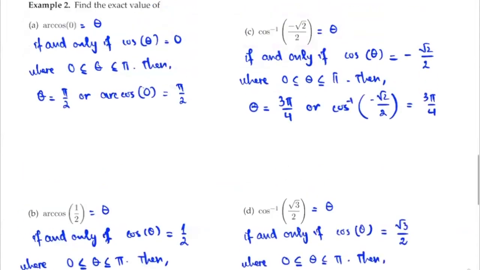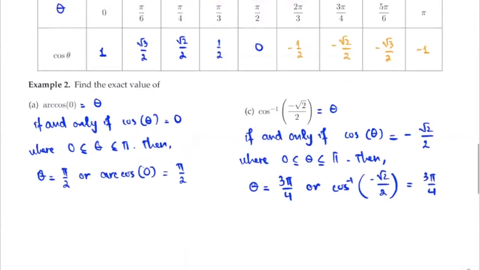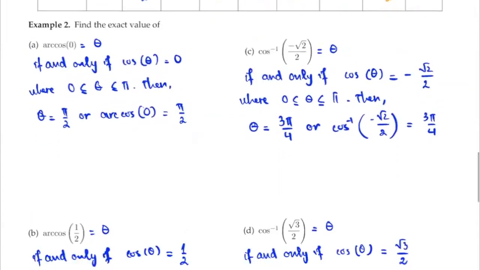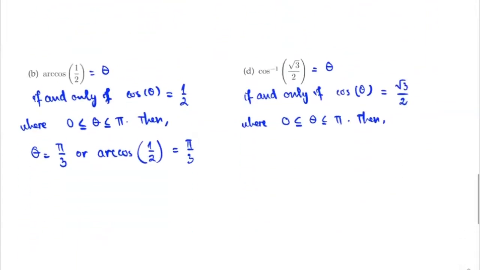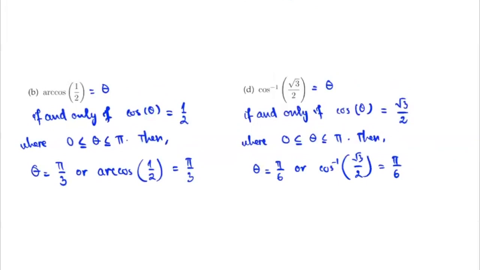Then if you go to the table, you will see that positive root 3 over 2 here, cosine of theta equal to root 3 over 2, the corresponding angle must be pi over 6. Then you have theta equal to pi over 6, or inverse cosine of root 3 over 2 is equal to pi over 6.